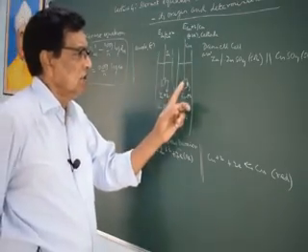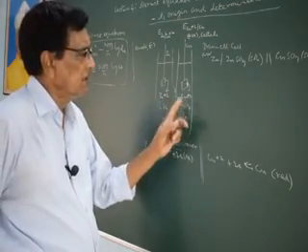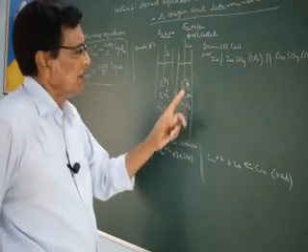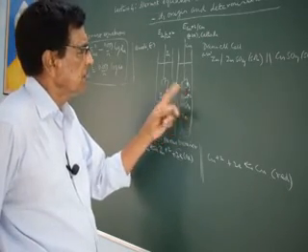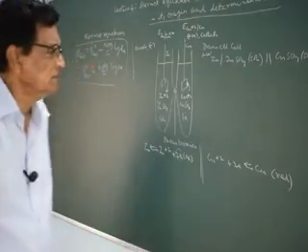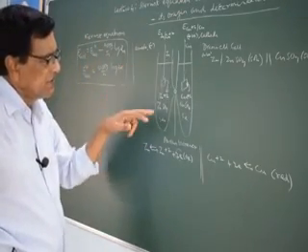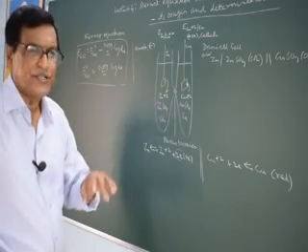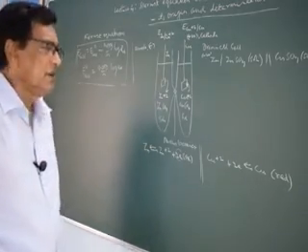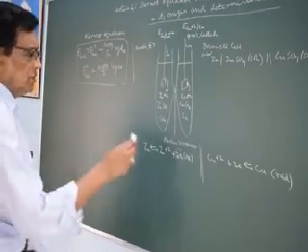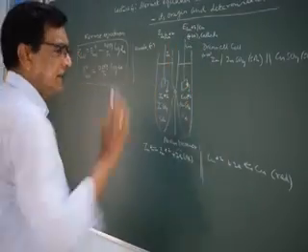Here also copper and copper ion remain in contact, so this is also a reversible electrode. But if this zinc rod is dipped in a sodium chloride solution, then it will not be a reversible electrode. So this is the oxidation at the left hand side electrode, and this is the reduction at the right hand side electrode.